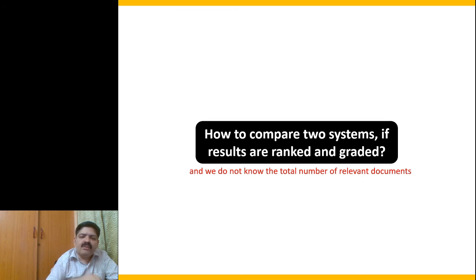Okay, so how to compare two systems if results are not only ranked but graded as well? So let's say the relevance could be highly relevant, less relevant, somewhat relevant, and so on. If you have a scale of relevance, this is called graded relevance. So if you have graded relevance, then how do I compare two systems?